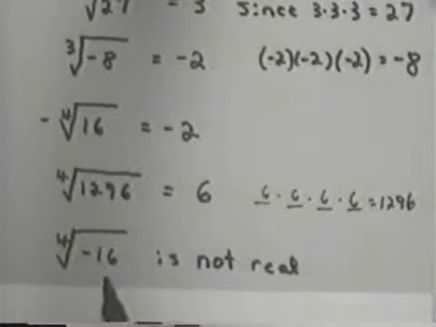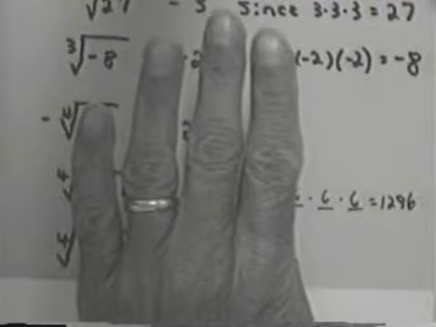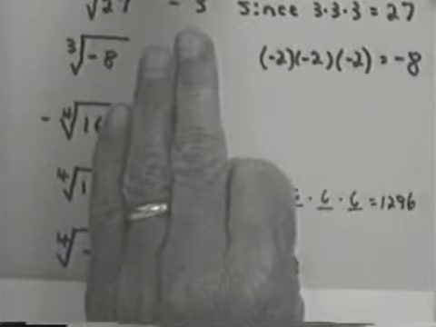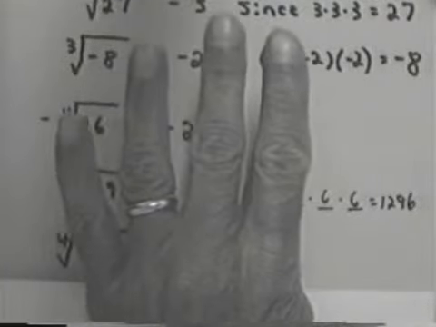It can't be a negative number, because if I use a negative as a factor 4 times, I've got a negative times a negative, which is positive, times a negative, which is negative, times a negative, which is positive. So anytime I use a negative as a factor 4 times, I'm going to get a positive. It is impossible to use either a positive or a negative as a factor 4 times and get a negative. So therefore, the fourth root of -16 is not real.